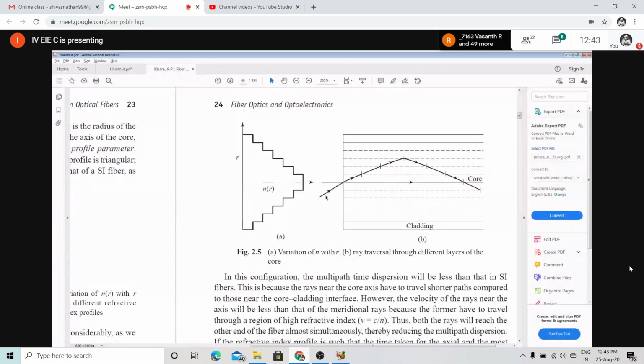Each and every ray, with shorter wavelength or longer wavelength, with respect to the incident angle will choose a particular refractive index value and it will get reflected back to the same refocusing point. That is the understanding. Since we have multiple steps in my refractive index, what happens if I have multiple rays to be propagated? The rays, with respect to the incident angle, will choose a particular step.